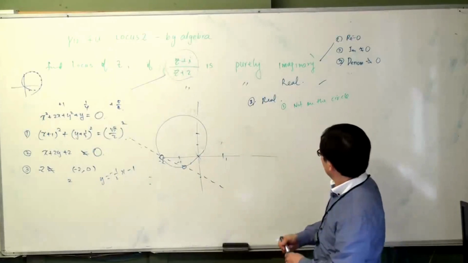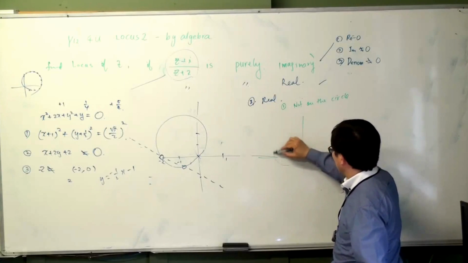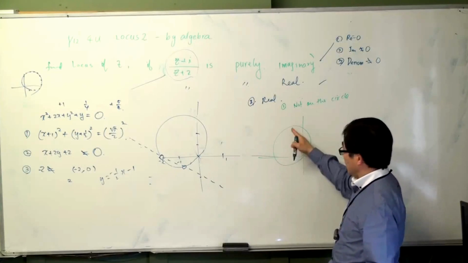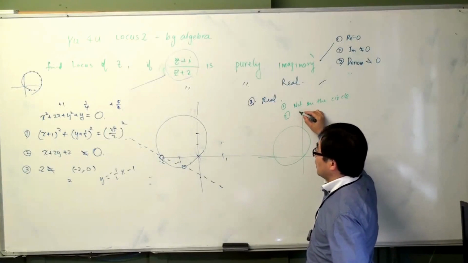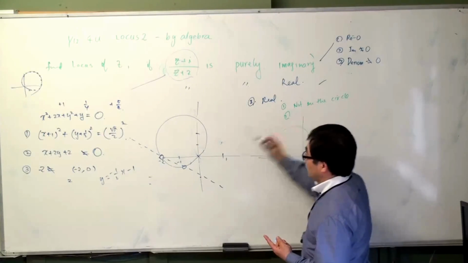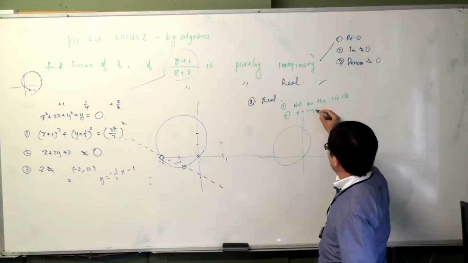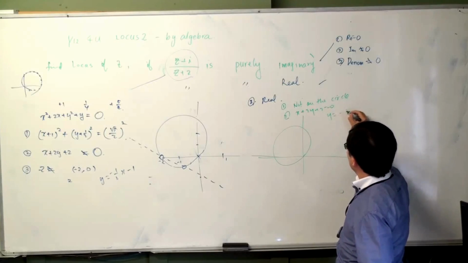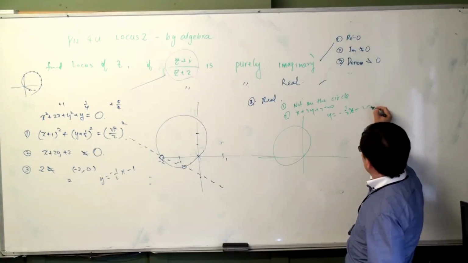So if you draw it again, it's something like that. It should be on the circle, isn't it? And what's the equation? It should be equal to 0, so that will be the main thing. X plus 2y plus 2 equals 0. So y equals minus half x minus 1. Minus 2 equals 0.